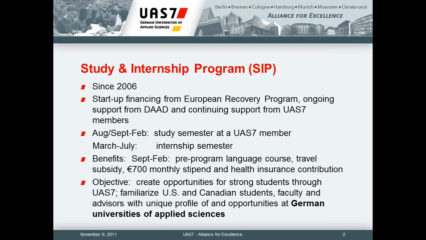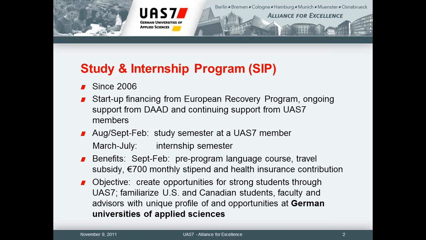It's actually for a full year, not just an academic year, which is divided into 2 main phases. The first main phase begins with an intensive language program, which we offer at various levels, and the bulk of that first semester is spent at a UAS 7 member campus for study.